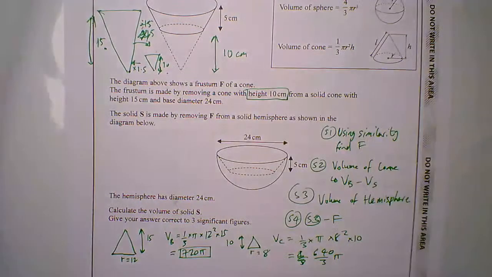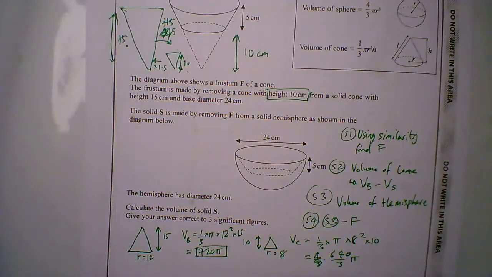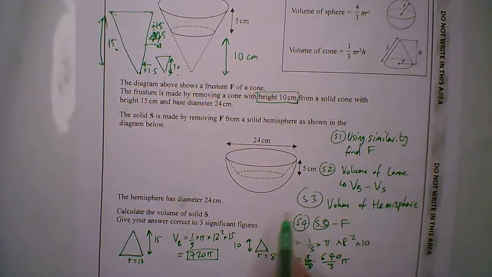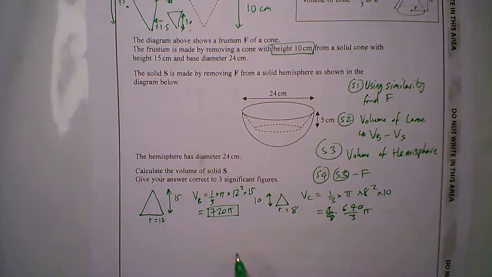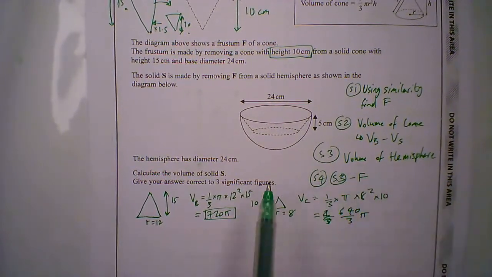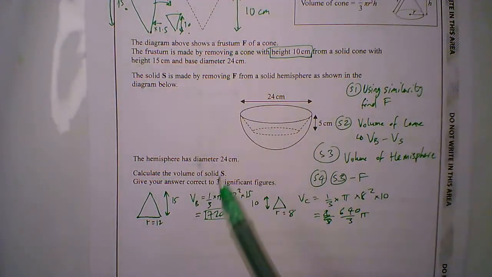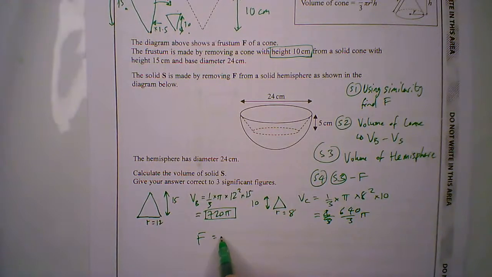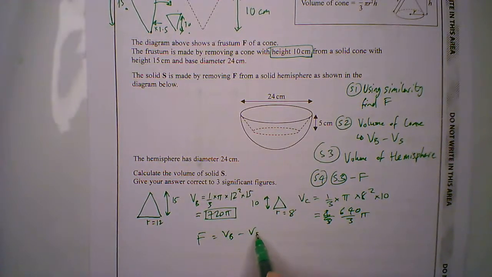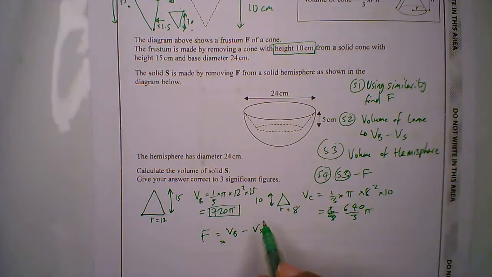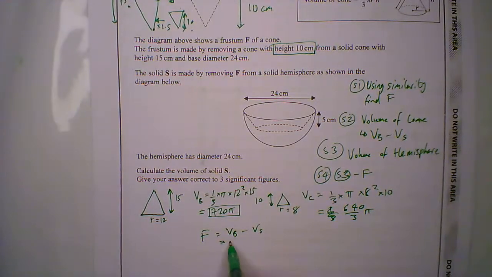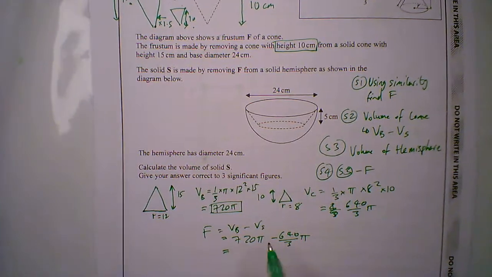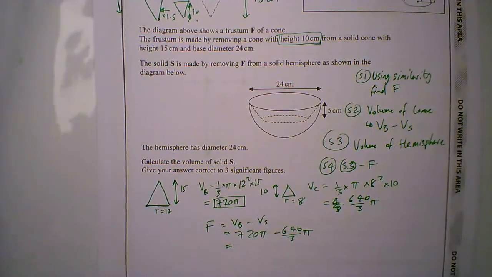Okay, so I've got that. And then I need to take these volumes away. So I need to take the big one, take away the small one, so that it shows a frustum. So F equals V big, take away V small of the cone. So this is 720 pi, take away 640/3 pi. That gives me an answer.